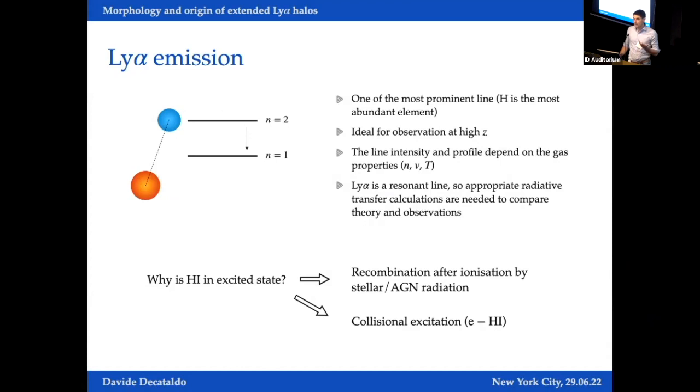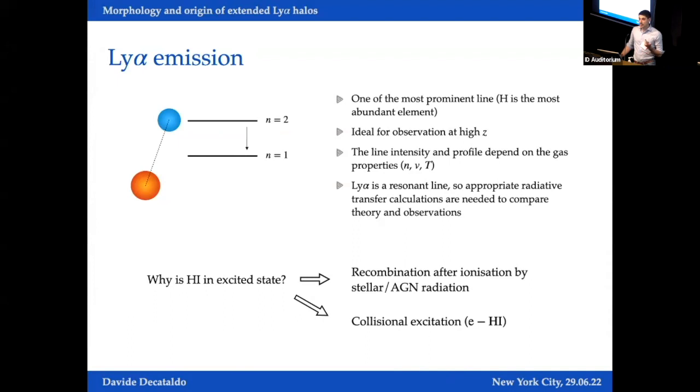Since it depends on many of the properties of the gas, like its density, temperature, and velocity, it can be a very powerful tool to understand the properties and structure of galaxies. The problem is that to study this line, we have to understand properly how the line is produced and how it is scattered around the interstellar medium.